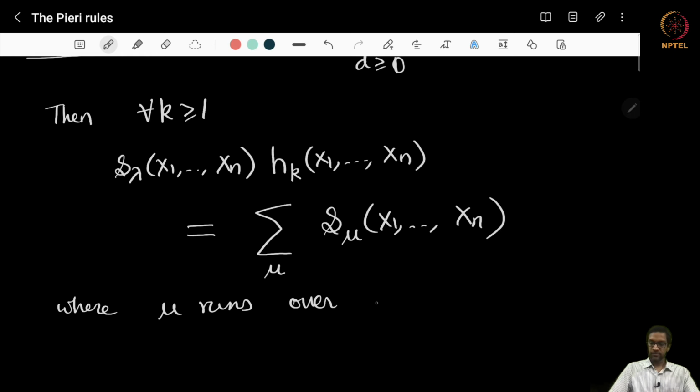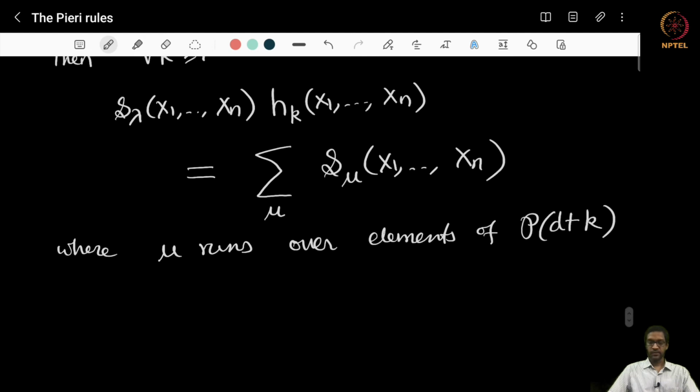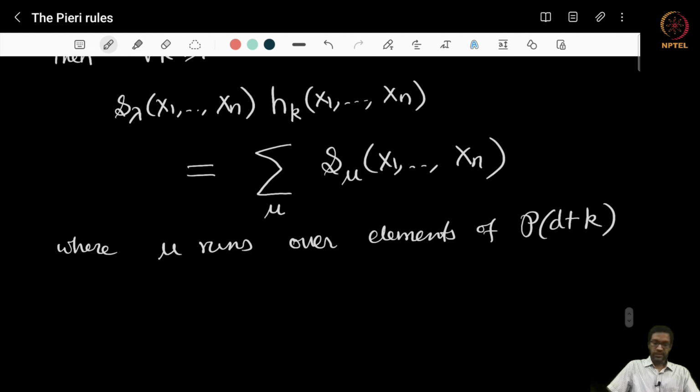partitions of D plus k. Okay, so the original lambda was a partition of D. The mu's that you will get on the right hand side will be partitions of D plus k, such that the following happens. Mu contains lambda.